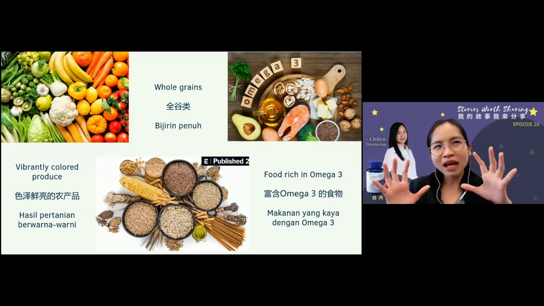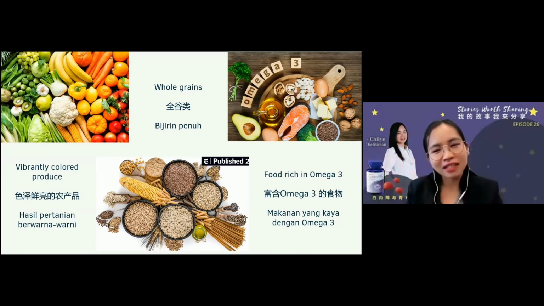We can find them in green fruits and veggies such as spinach, lettuce, broccoli. And for orange, it could be pumpkin, or yellow like corn. All these contain lutein and zeaxanthin, and they are the antioxidants that our body needs, that our eyes need.